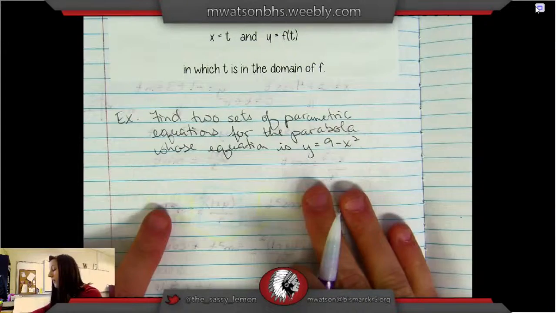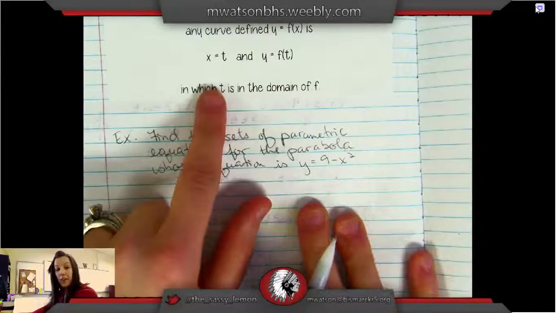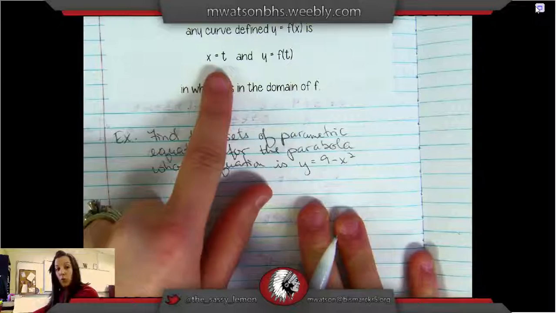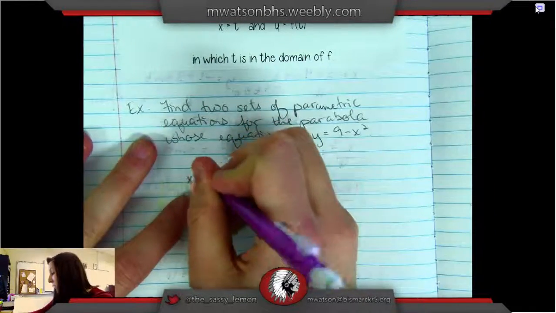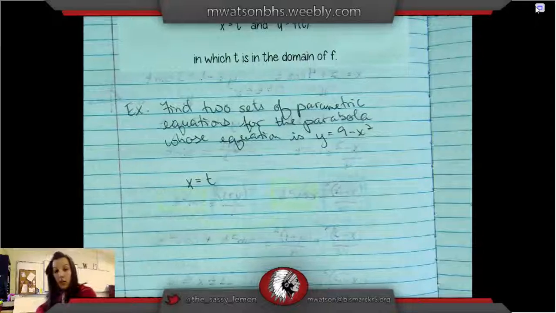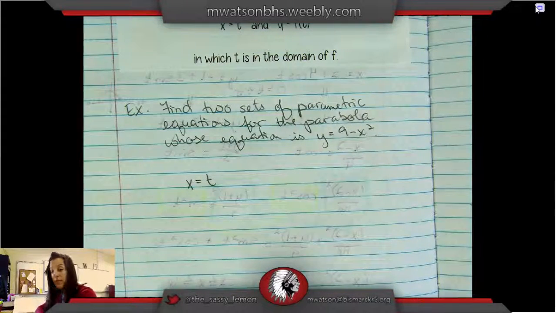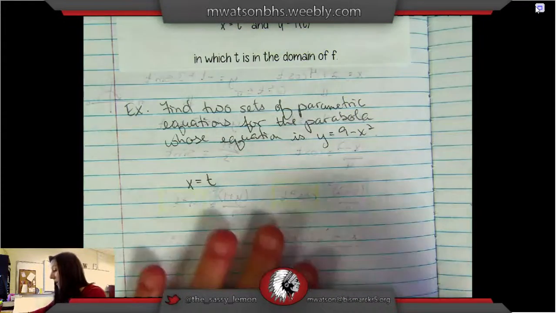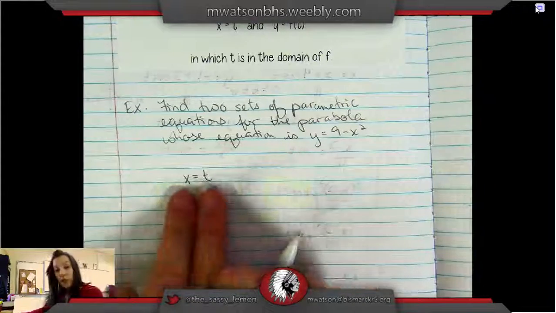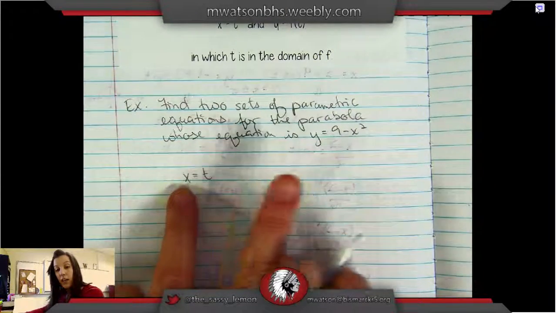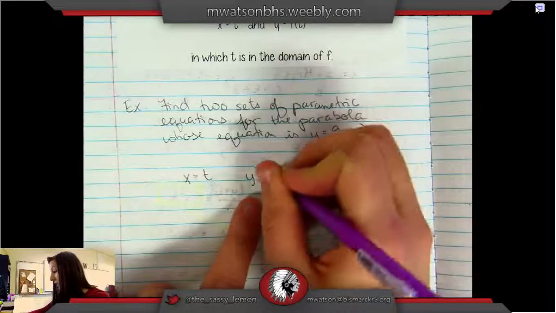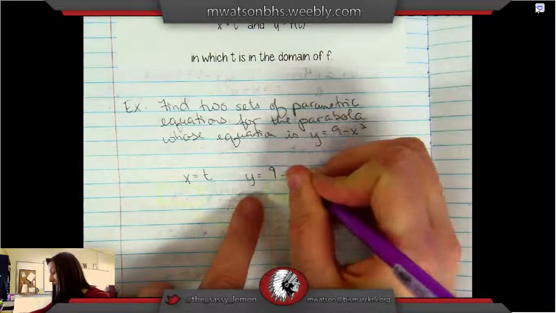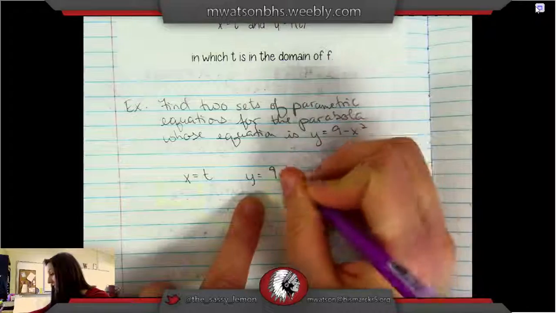So in our notes up here, it said x equals t. That's the easiest one to do. You just choose x to equal whatever you want. The easiest one is t. So if you've chosen that, then to make your y equation is very simple. You substitute. So you're going to have y equals 9 minus, and in place of x, you're going to put t.